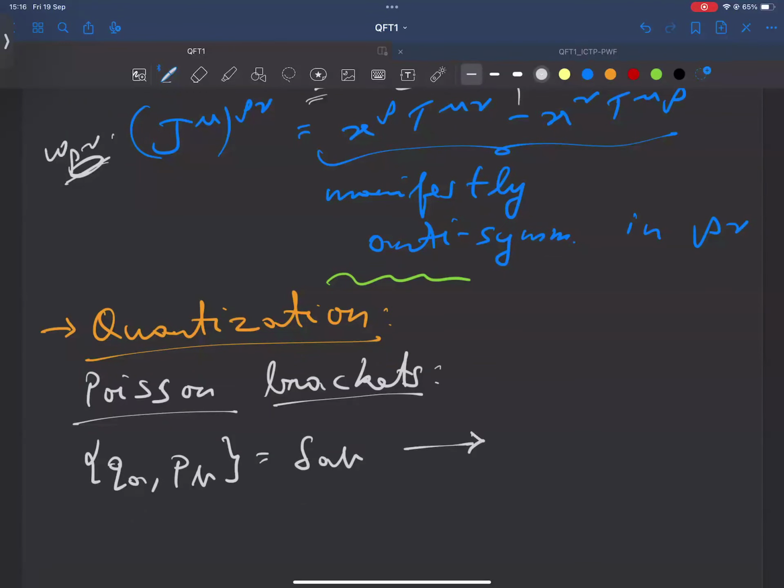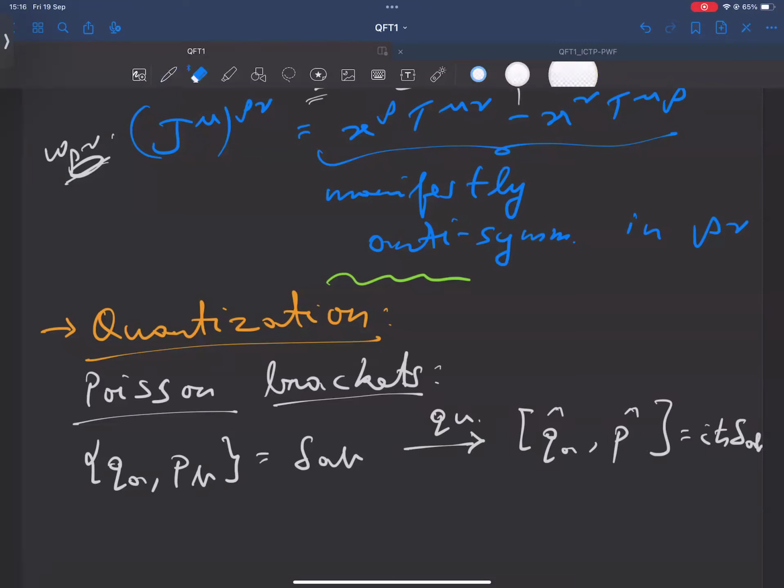And when we quantized this theory, let's say we denote it by Qu as the operation of quantization, then we promoted these objects to operators, right? And we said that this is i h bar delta AB. Let me be careful, AB and AB, okay?